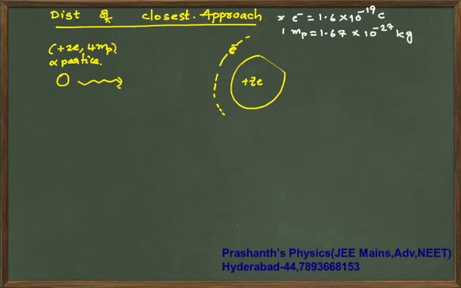Now if you take an alpha particle coming close towards the nucleus, your electric field is a conservative field, and your electric force is a conservative force. When conservative forces act on the system, that means there is no external force.